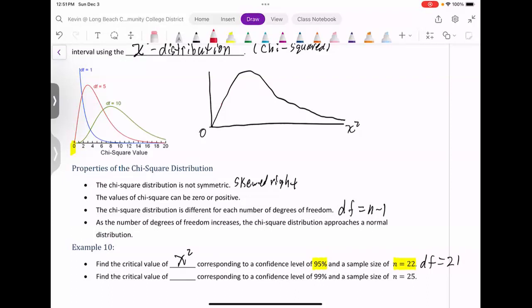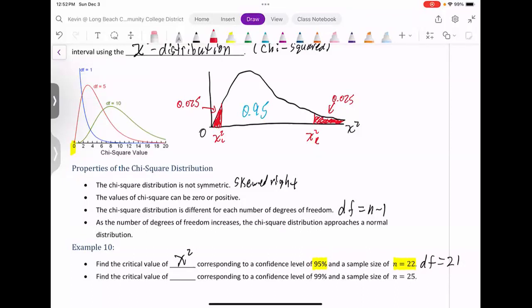And to find these critical values, this one is 95%, so 0.95 goes here. That leaves us with 5% left, and that gets split in half. So half of 5% is 0.025, and half of 5% here is 0.025. And we are looking for chi-squared left and chi-squared right.